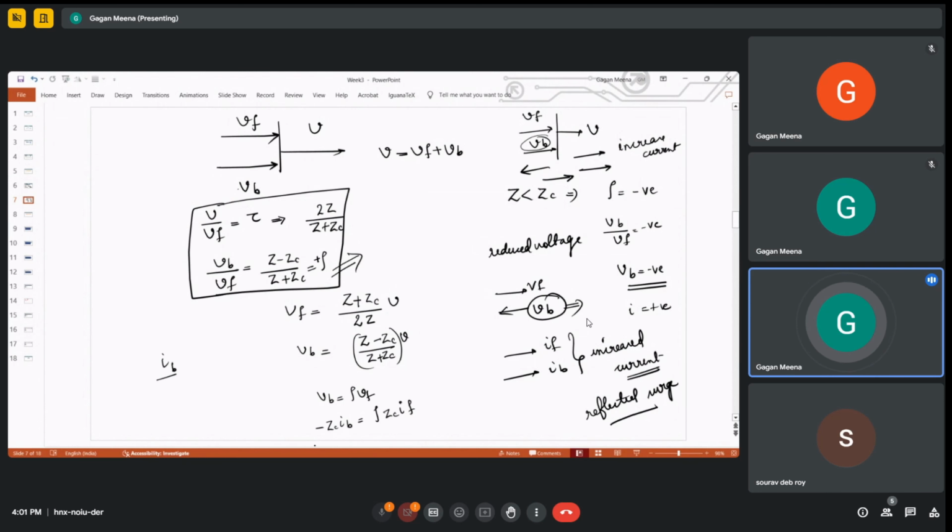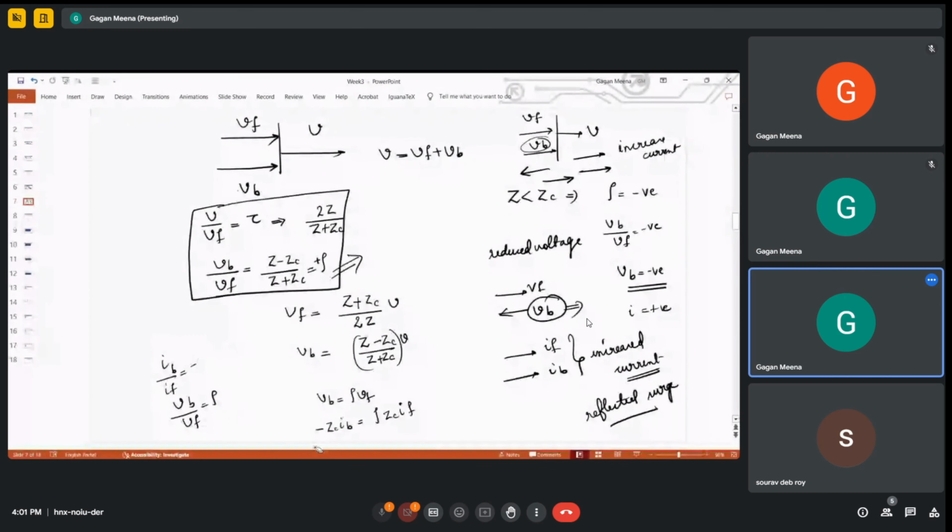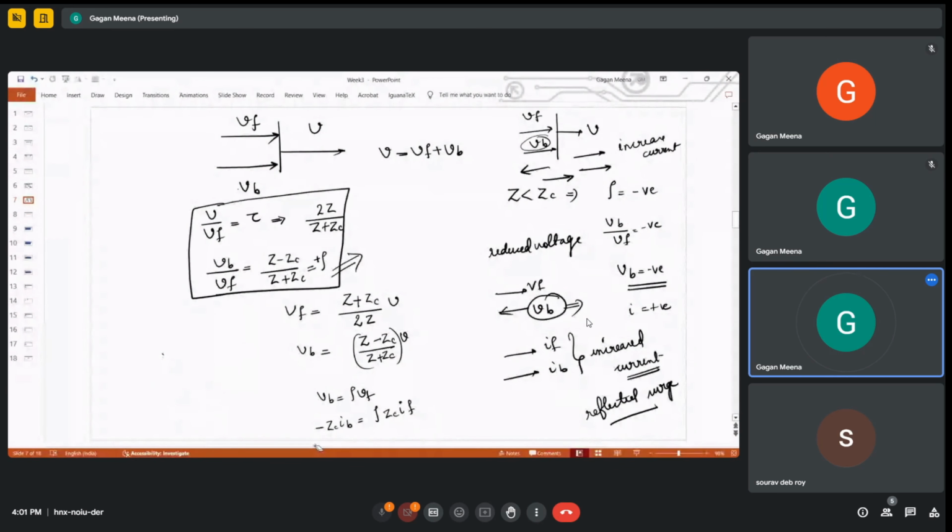So I backward upon I forward is equal to minus rho. And V backward by V forward is equal to rho. So there is a negative sign here.